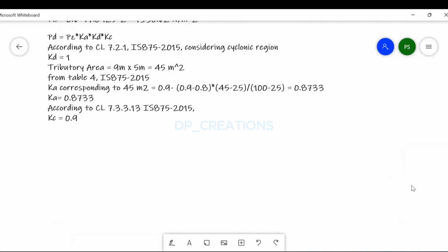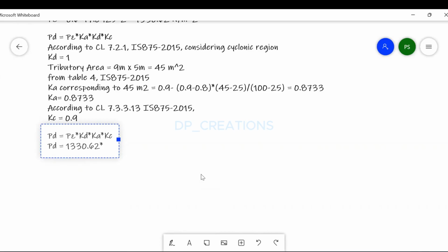Now Pd. Pd equals Pz into Kd into Ka into Kc. Then Pd equals 1330.62, right? Yes, sir.